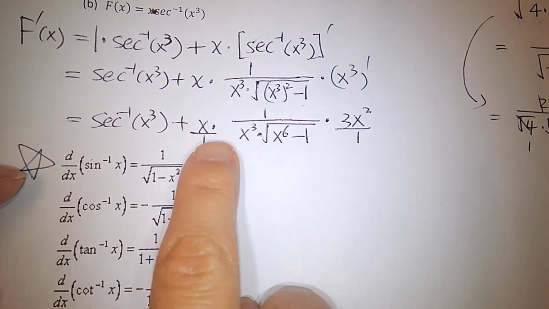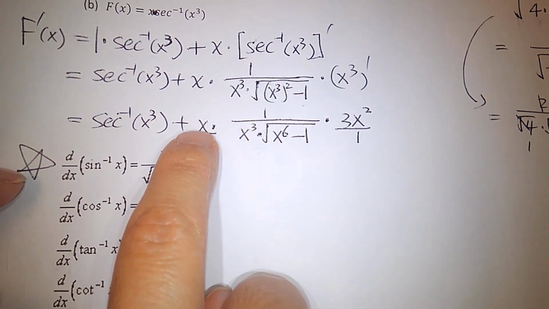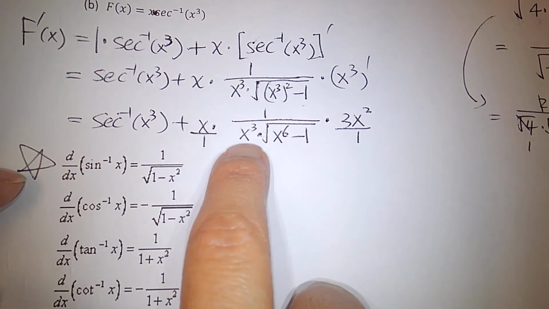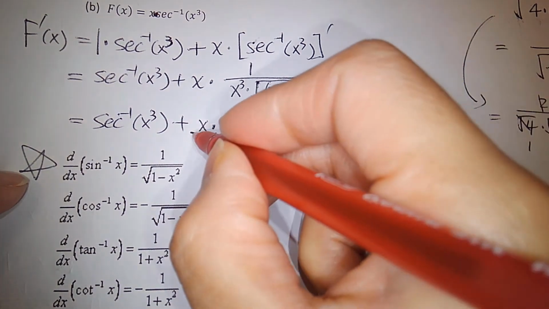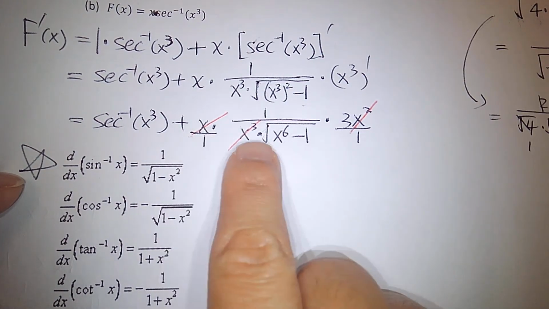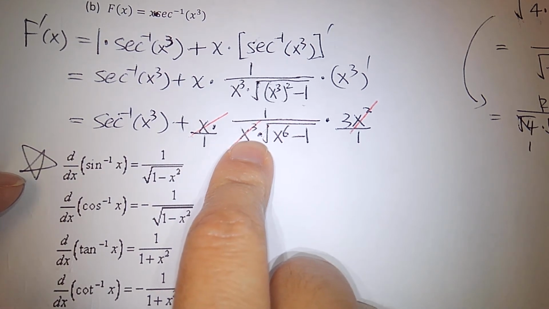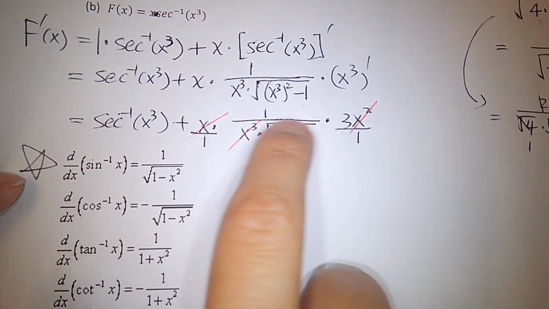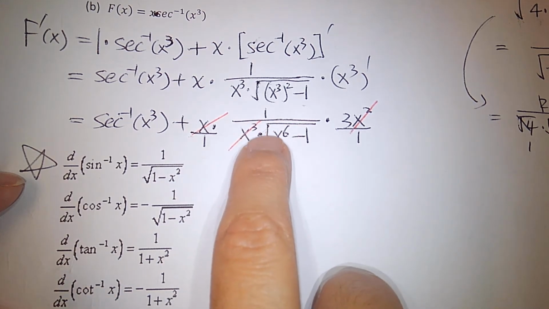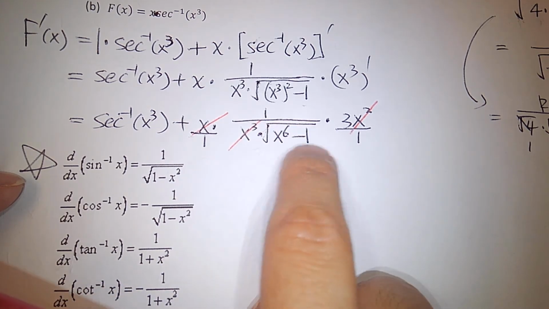Are we able to simplify? The x times x squared gives us x cubed, which cancels out with this x cubed. Now on the top we only have 3, and on the bottom we only have the square root of x to the 6 minus 1.